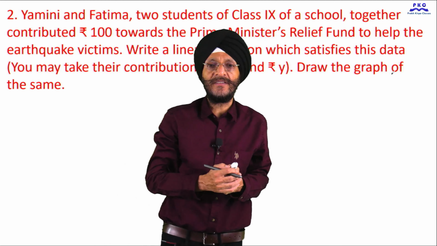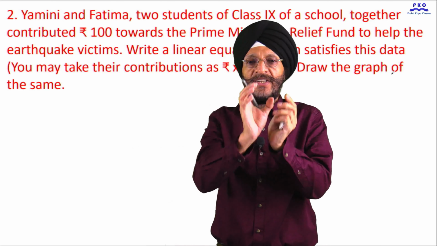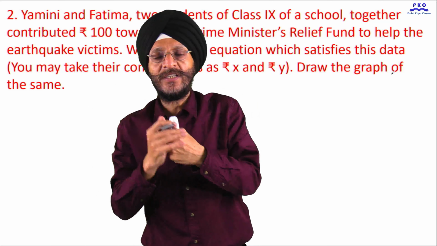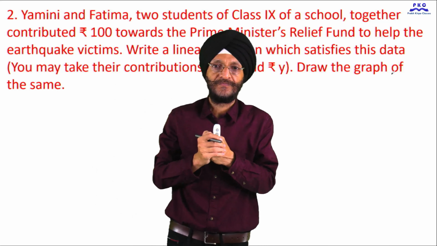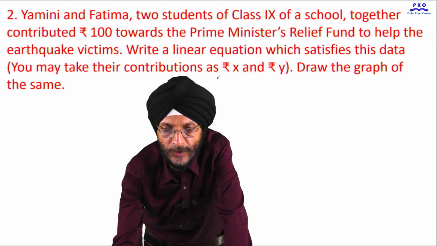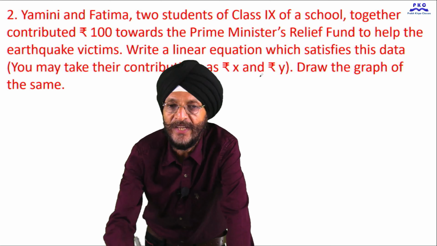So what is written here is that there are two friends who study in a school and they have given some contribution towards the Prime Minister's Relief Fund. You may take their contributions as rupees X and rupees Y. We take it respectively.